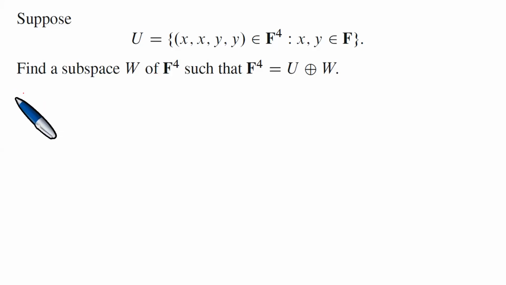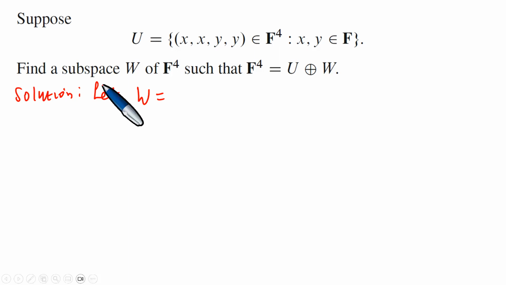The solution here works as follows. We normally start by letting W be the subspace, because we must find W. What we look at here is that there is X, and there's Y. We need to consider one of the X's and one of the Y's.